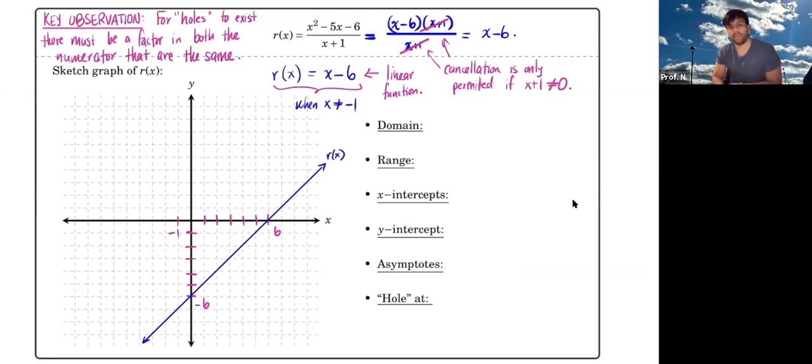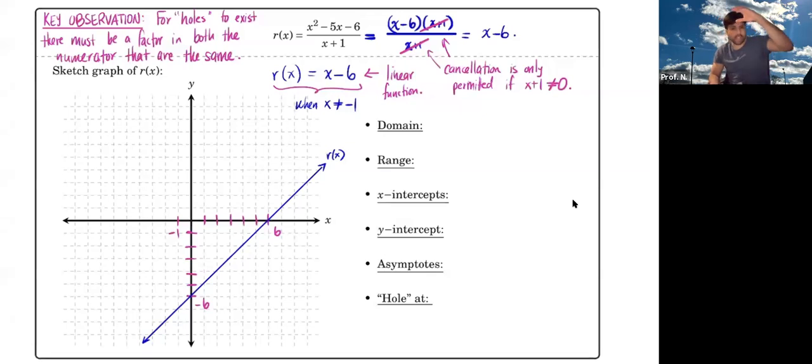So then the question becomes, what happens at -1? What's the deal when x equals -1? Well, we say that it makes the denominator equal 0, but that 0 also appears in the numerator. So you have an indeterminate form, as they say. If you plug -1 into r of x, you get 0 in the numerator, 0 in the denominator.